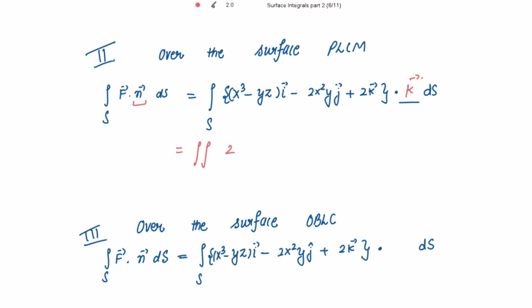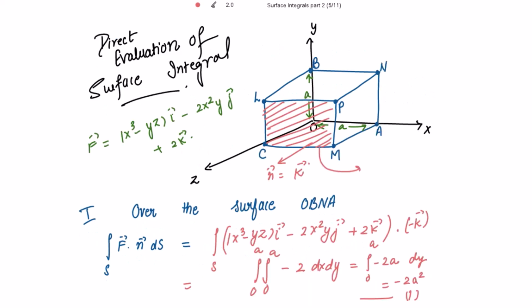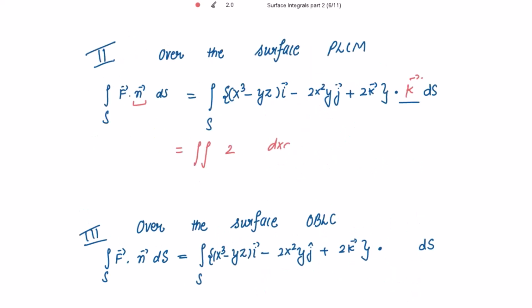For this surface, we take ds to be again dx dy, right? So this is dx dy, and the limits for x is from 0 to a, and the limit of y is also from 0 to a. So integrating 2 with respect to x, we get 2x from 0 to a limits.